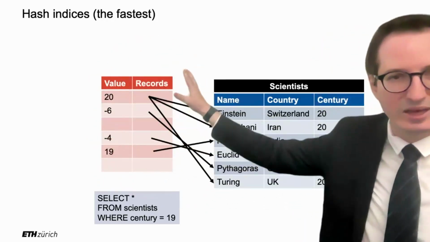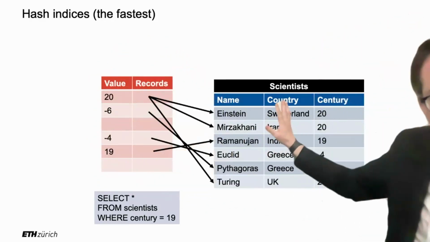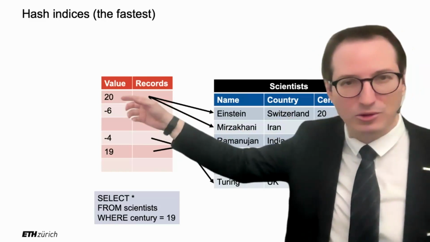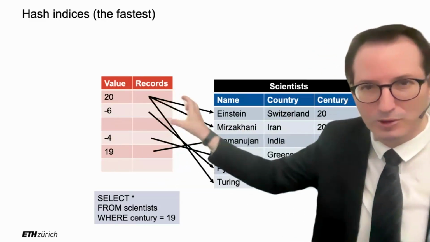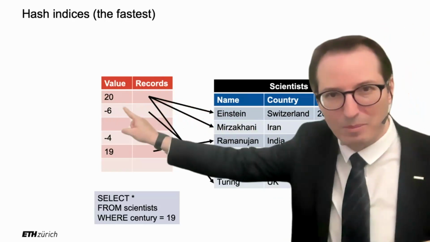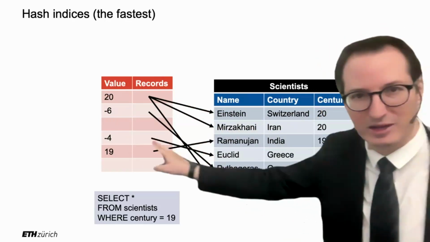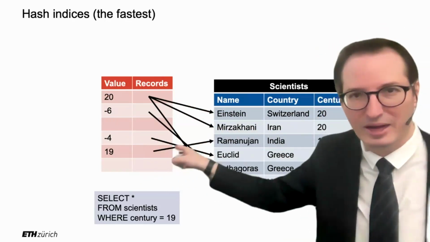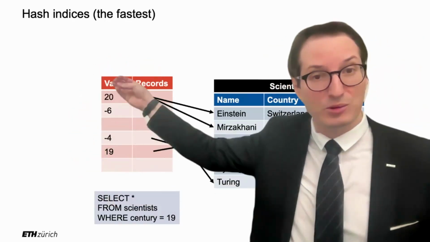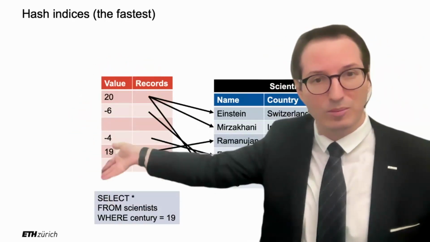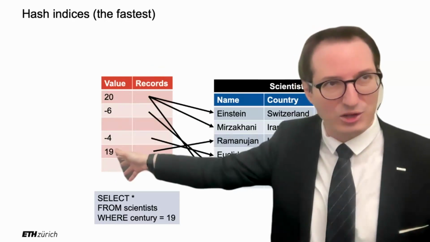This is what we call an index. It's an additional structure in addition to the table. That structure contains pointers from these values here. 20 points to all of those that have 20, -6 points to the one that has -6, -4, 19. And here, this is what we call a hash table, because it seems to be a little bit randomly spread all over.